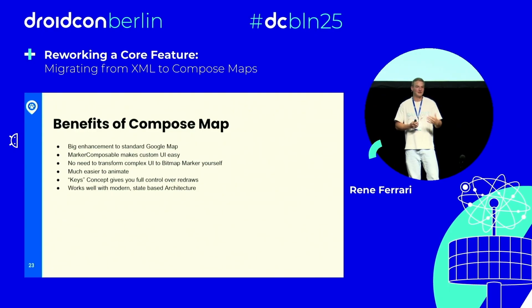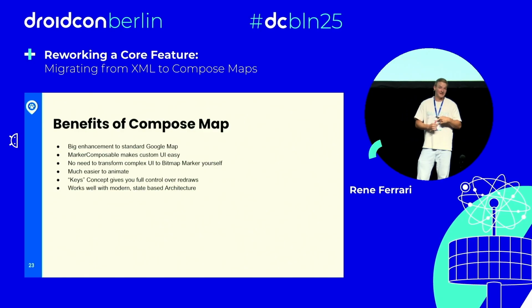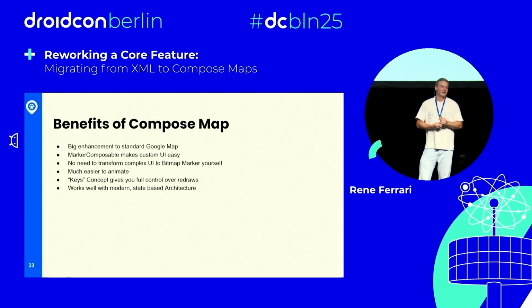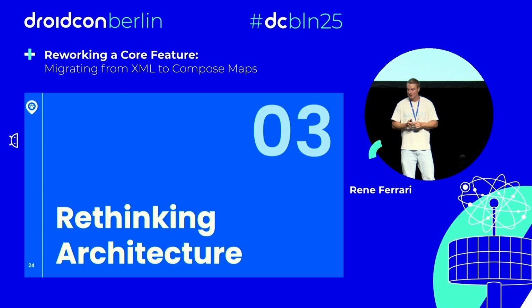Now you can really build your own composable, and that's it. It's also much easier to animate, or at least I found it easier to handle all the logic for that. And with keys, you can really define on your own when something should be redrawn. It ties in well with modern architecture, I would say.